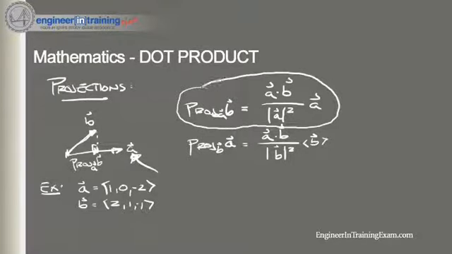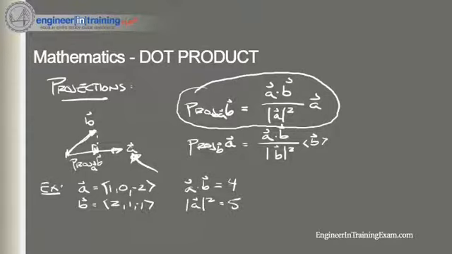So we know that we need the dot product, we need the magnitude of A, and we also need the definition of A, what the vector is. So the dot product A dot B is equal to 4. I'll let you figure that one out so you can confirm that you understand that. And the magnitude of A squared is equal to 5.